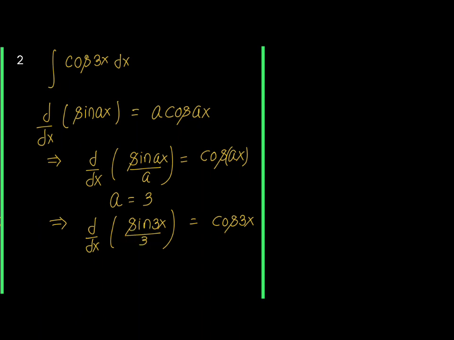So the integral I, the integral of cos 3x dx, will be our final answer: sin 3x upon 3 plus some constant of integration c. This is our final answer.